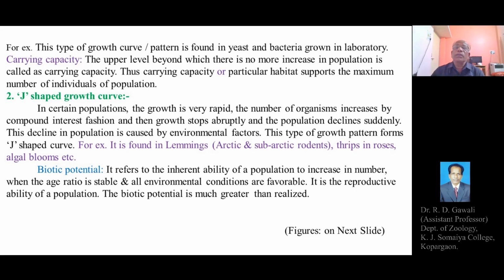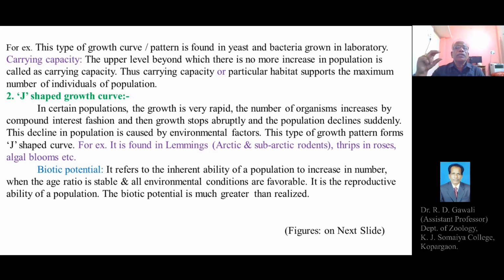These are the different essential components which can be supplied by the respective habitat or environment, and that represents the carrying capacity. So a particular habitat has a definite quantity or amount of provision to support living organisms in the form of a population.